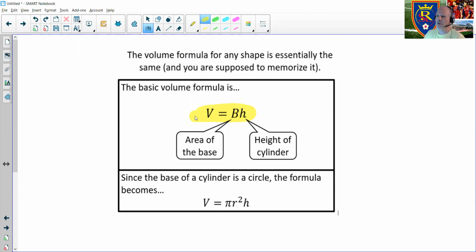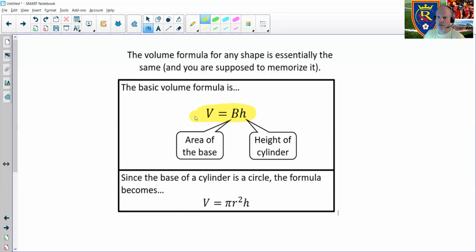You could have a cylinder, which has a circular base. Or we could have a prism, which could have a triangular base, like we saw in the previous example. So we just have to remember to take the area of the base and then multiply that area by the height of the three-dimensional object. In this lesson, we're talking specifically about cylinders.